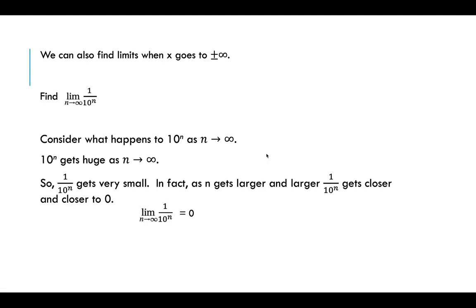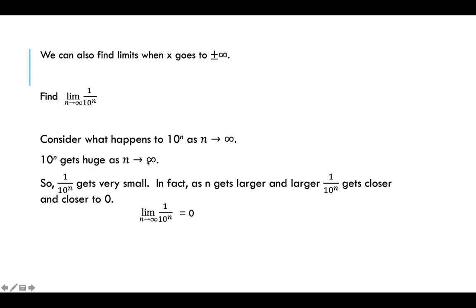We can also find limits when x goes to positive or negative infinity. That might be written like the limit as n approaches infinity of 1 over 10 to the nth. Consider what happens to 10 to the nth as n goes to infinity. 10 to the nth is going to get huge. Even 10 to the third is 1,000.